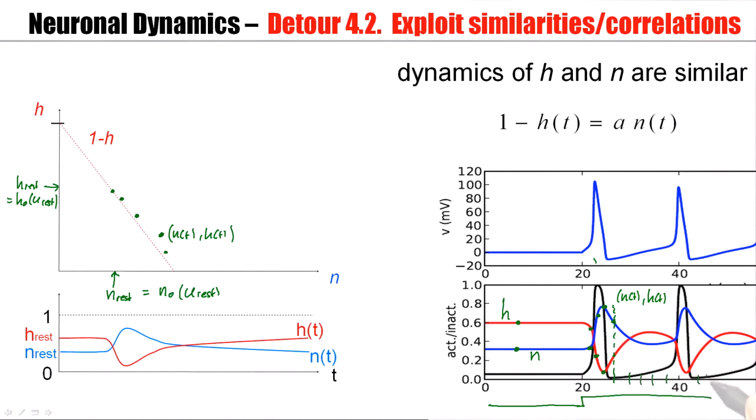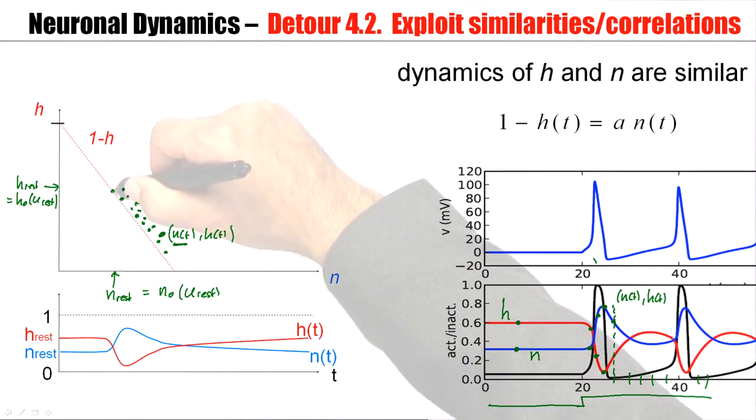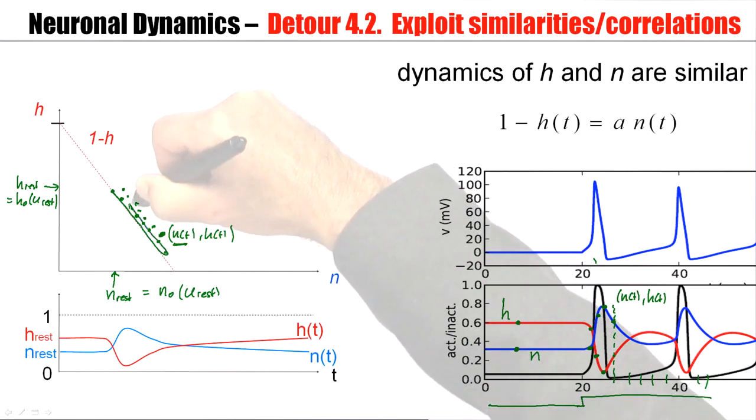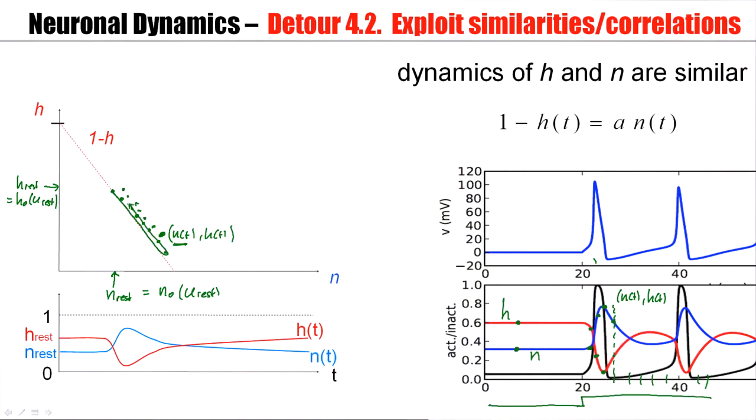I can take one of these samples and I will find many points in this two-dimensional plane. And each point is characterized by two coordinates, its value N and its value H, which gives the vertical axis. So during one of these spikes, N and H do some kind of movement in this two-dimensional coordinate space.